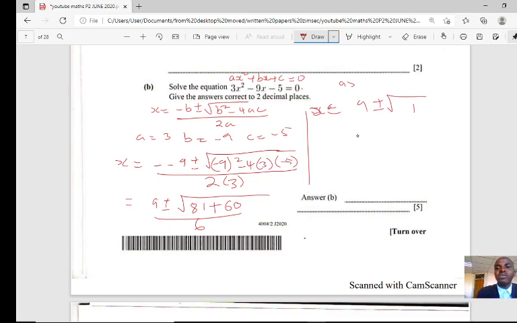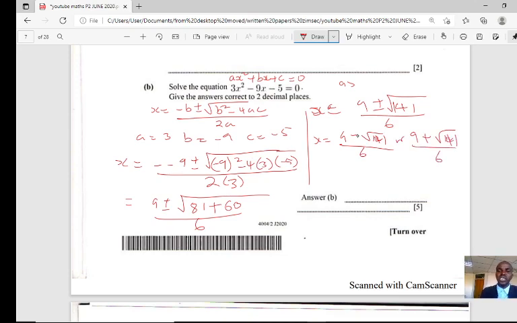What do you get? 141. Over 6. Then x is equal to 9 minus the square root of 141 over 6, or 9 plus the square root of 141 over 6.